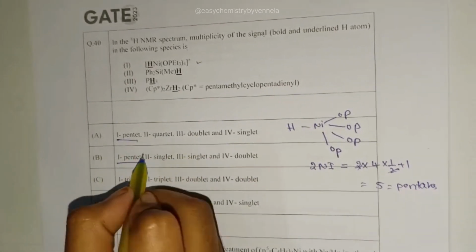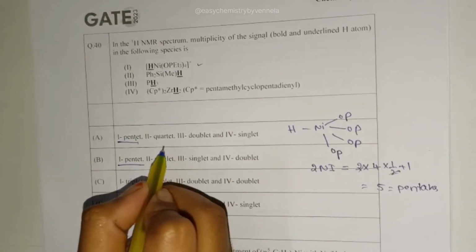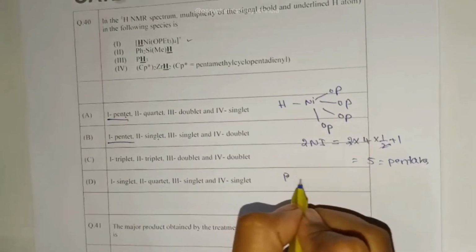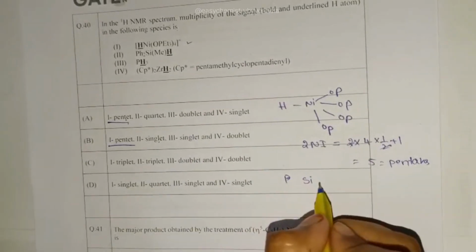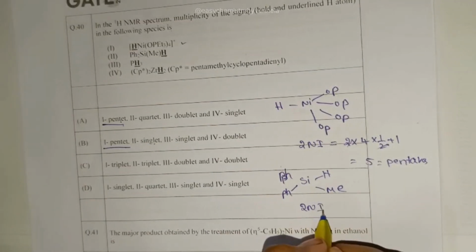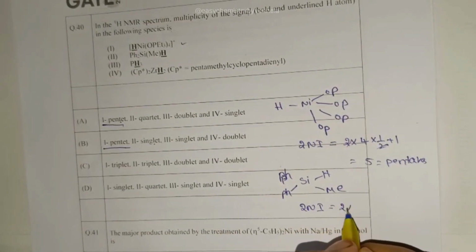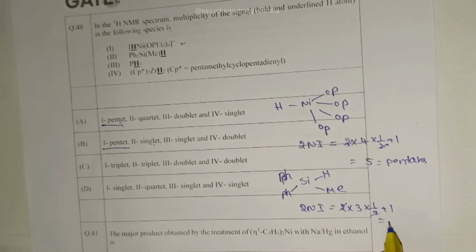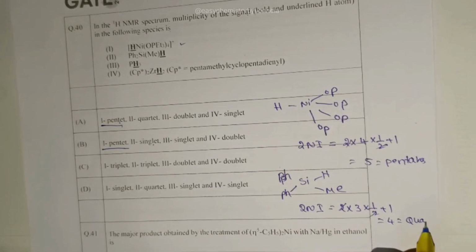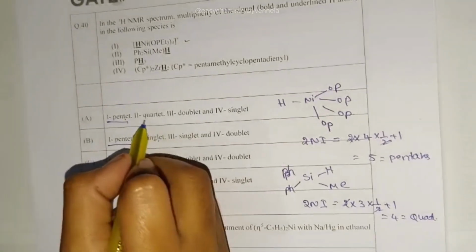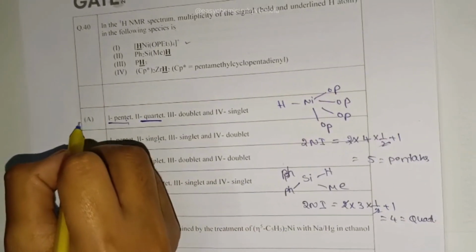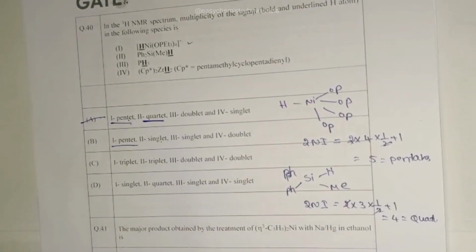So we will go to the second one. Second one is silyl, hydrogen, methyl and 2 phenyl groups. Here 2nI is equal to 2 into 3 into 1 by 2 plus 1. Here 4. Here second one is quartet. Now option is A. But we have to check 3 and 4 also.